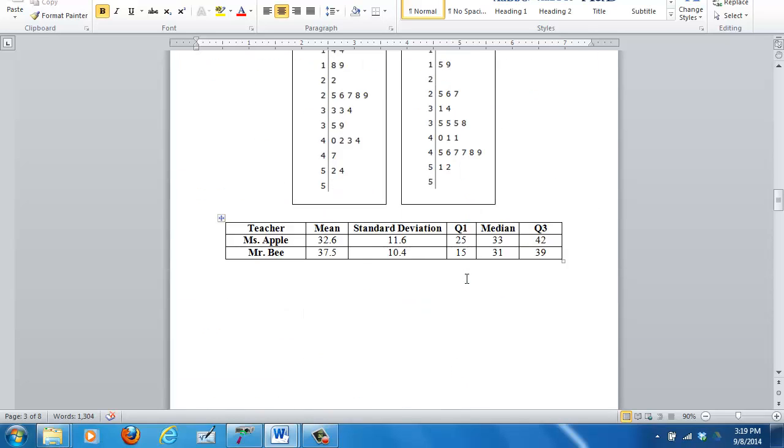Well, to do that, I'm going to need to know what the mean was, and I'm going to need to know what the standard deviation is. Those two pieces of information will help me determine the z-score, because remember, a z-score is really telling us how many standard deviations away from the mean that particular score would be.